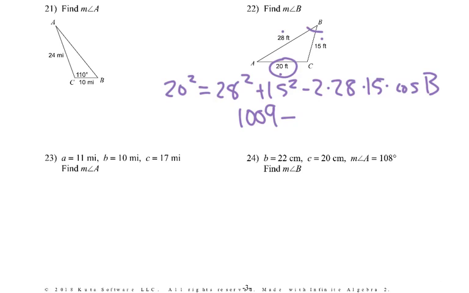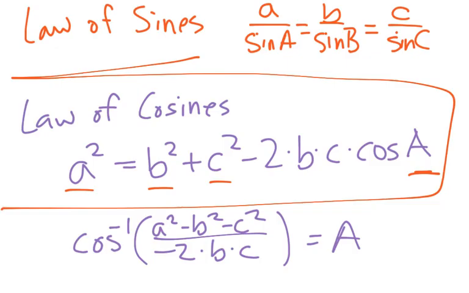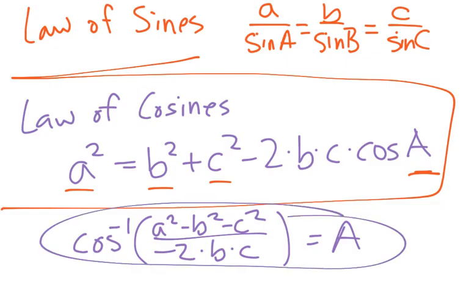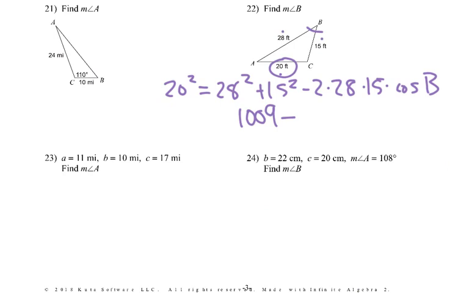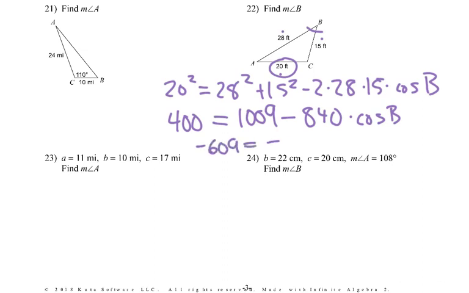And if you liked that version over here, by all means, use that version of it to just type it into the calculator. That was 840 times cosine of B equals 20 squared, which is 400. So 400 minus the 1009 gives us negative 609 equals negative 840 cosine of B. Divide by negative 840.